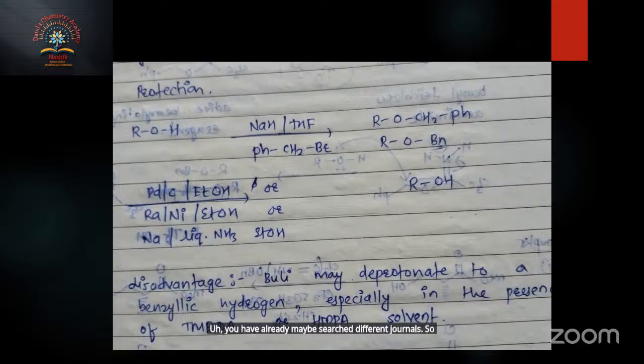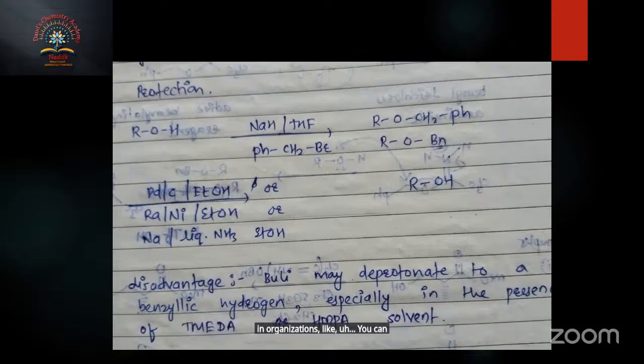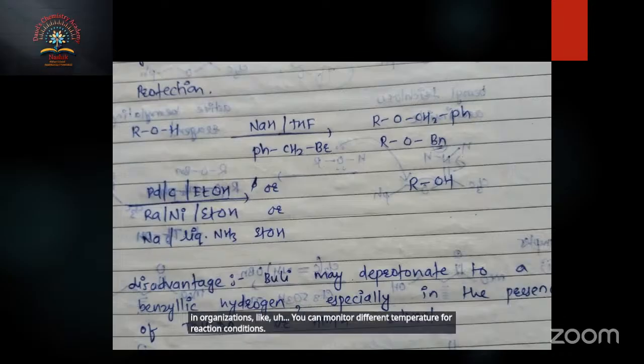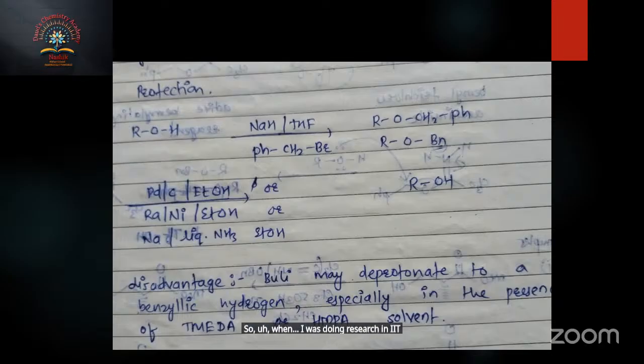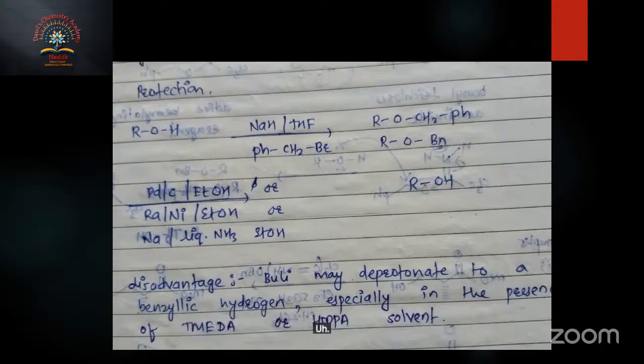So there are different terms in organic synthesis, like you can monitor different temperatures for reaction conditions. When I was doing research in IIT Bombay, at that time we used to monitor different reaction catalysis conditions. I was involved in furan synthesis, in the years 2017 and 2018, monitoring different catalysts.